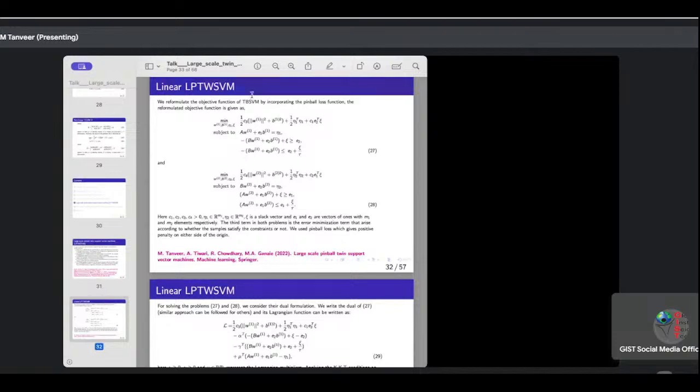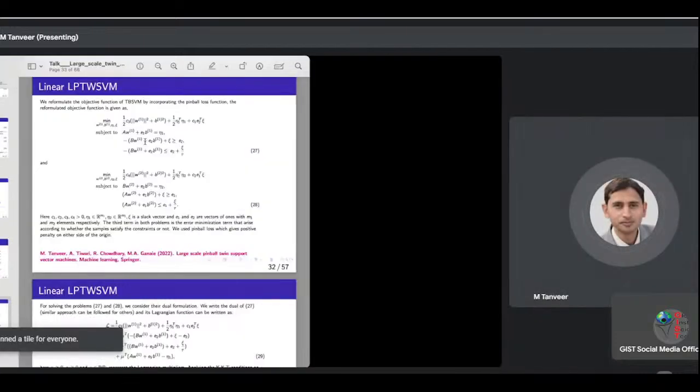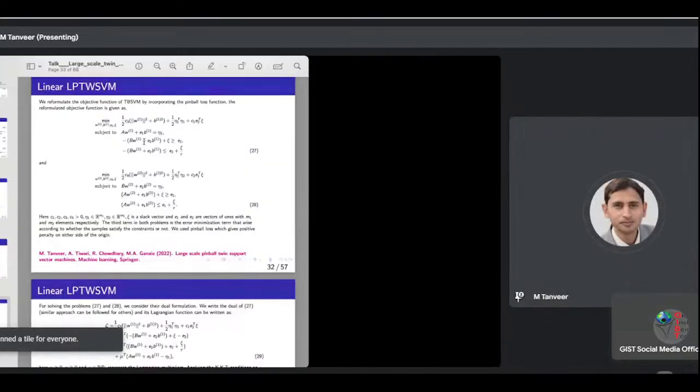So they are essentially the same as twin bounded SVM. Twin bounded SVM is a particular case of this algorithm. And we are using this pinball loss function in such a way that we are giving penalty to all data points.